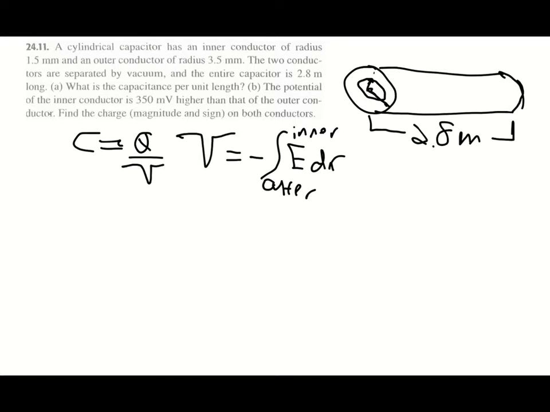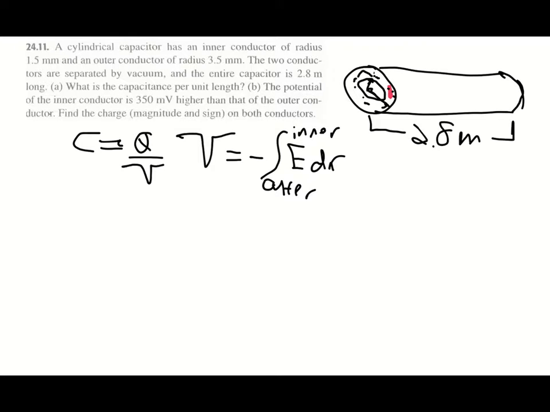And we're going to actually have to derive what that electric field is. We want the electric field here on the inside. That's going to be the Gaussian cylinder that we're looking at.